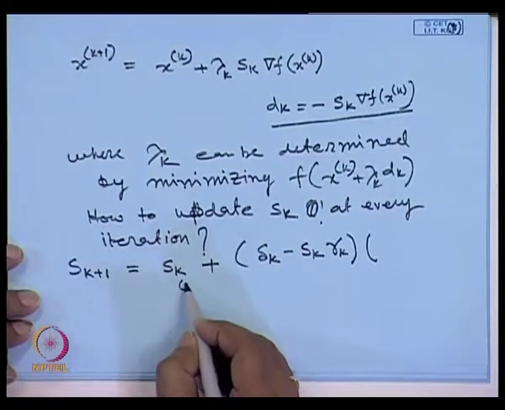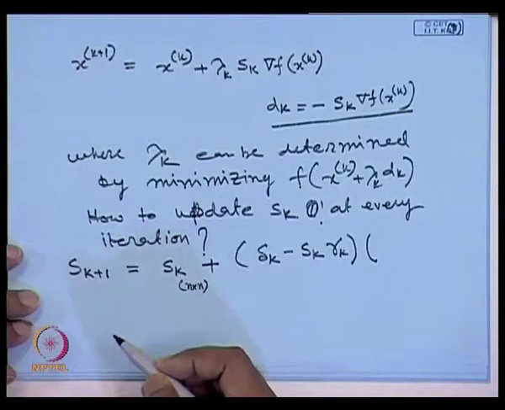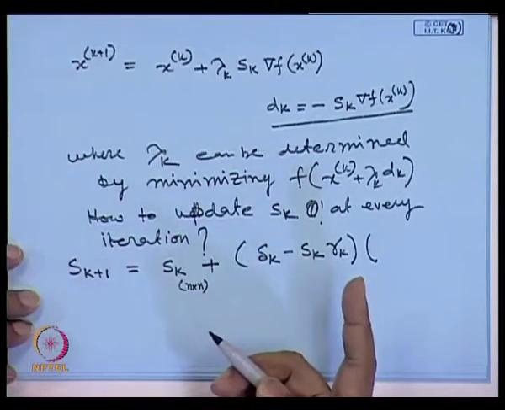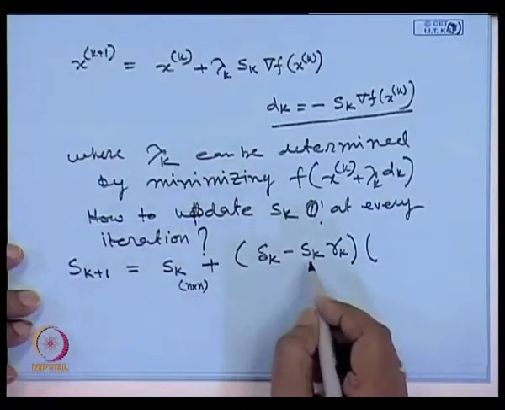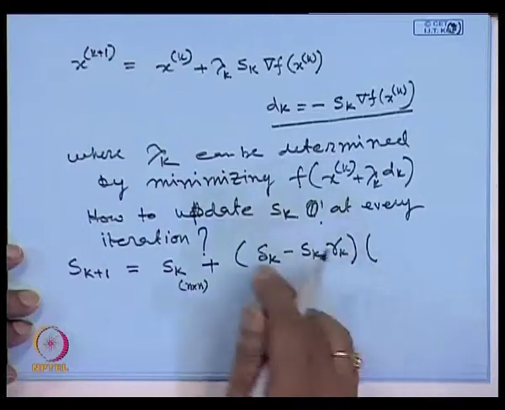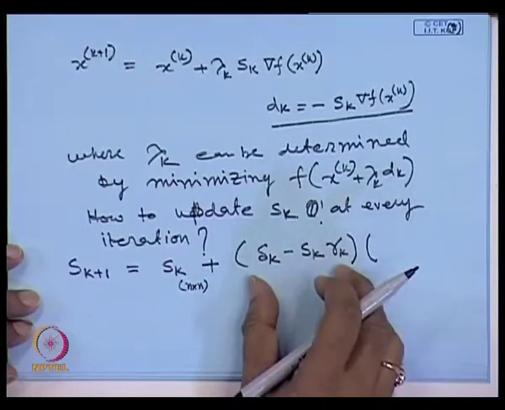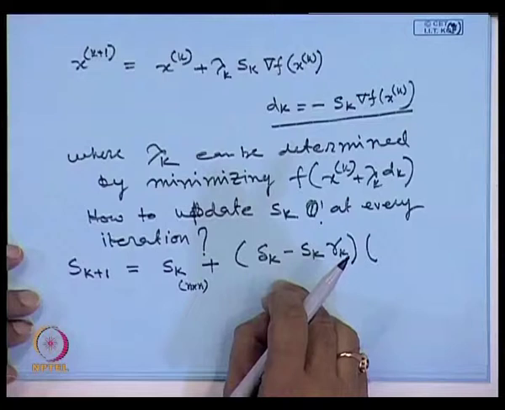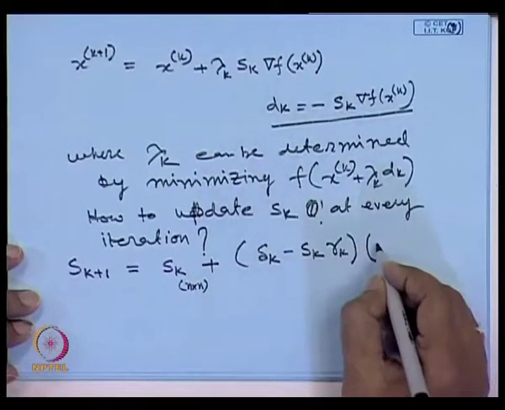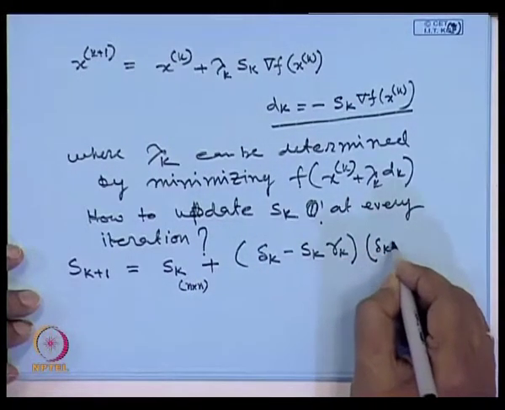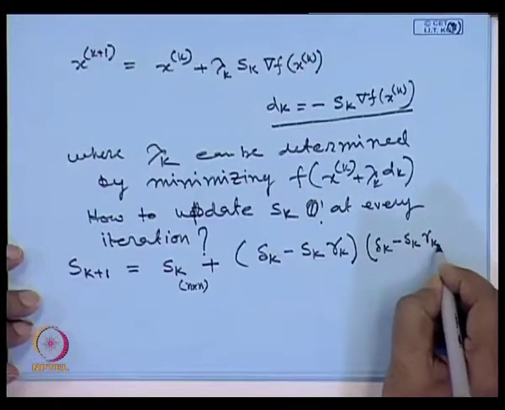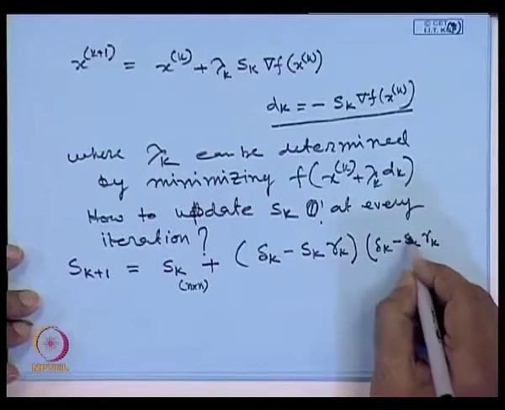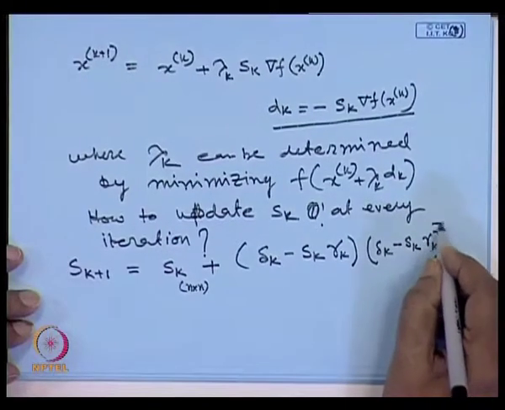The dimension of s k is n cross n, because it is a Hessian matrix inversion I replaced by s k. Then multiplied by the same vector gamma k.